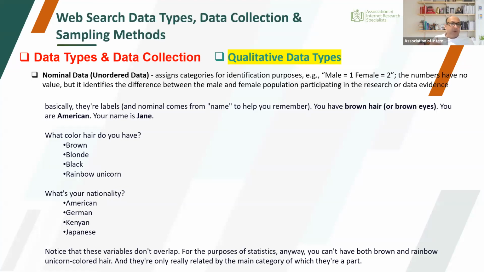You can't say you're going to give a value one for brown, value two for blonde. Basically, it has its own uniqueness and it cannot be considered good or bad. It's just that you need to see how many are of brown color and how many are blondes.